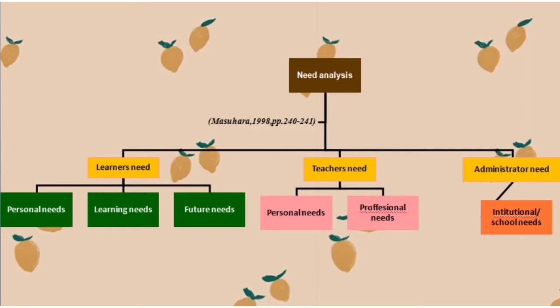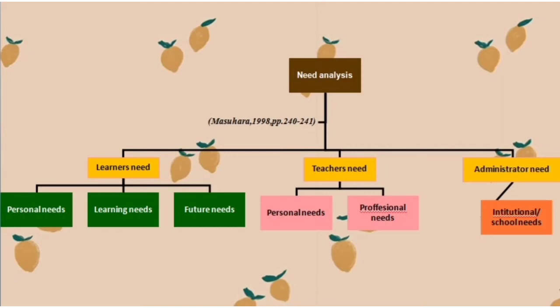In addition, the points on personal needs are such as age and gender. But in learning needs, there are several points, namely cultural background, interest, learning styles, and so on. Meanwhile, at the last point, namely future needs, one of the points is the ability to use and improve the second language.